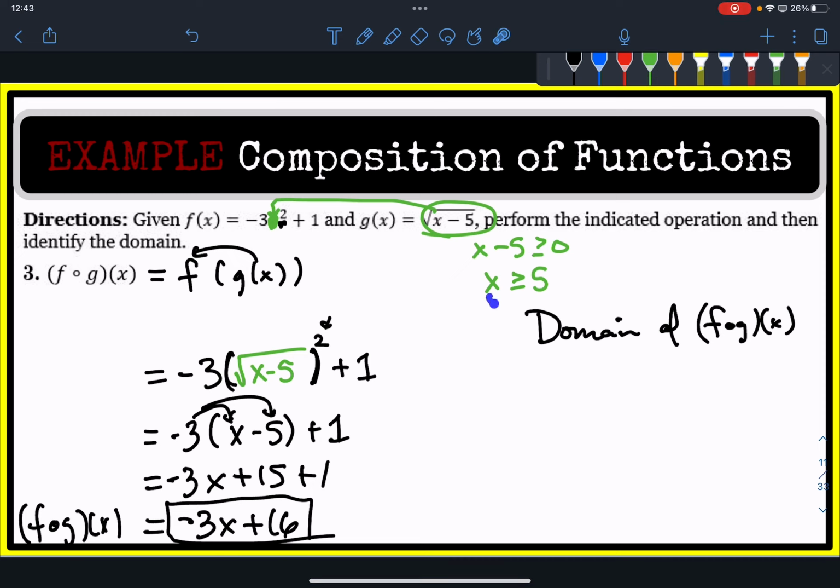After plugging in all values of x greater than or equal to 5, we end up with this answer. So by plugging g into this, we end up with this answer, and this doesn't have any additional restrictions. There are no square roots, nothing else to restrict. I can plug in any numbers that I want here after I plug in numbers greater than or equal to 5. So the domain for this is going to be all the numbers greater than or equal to 5.